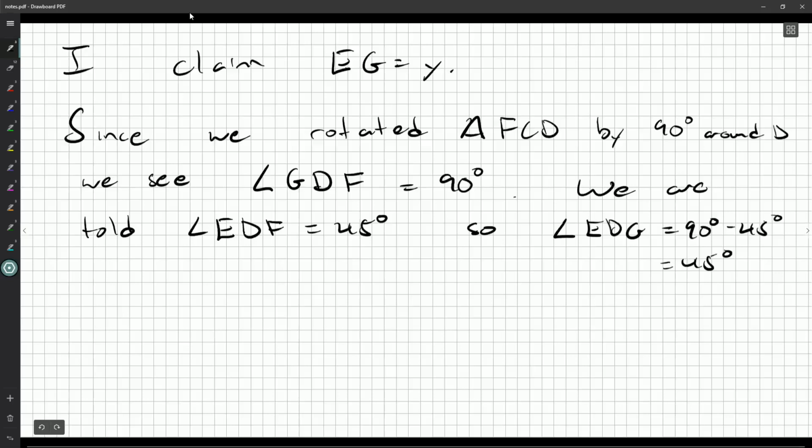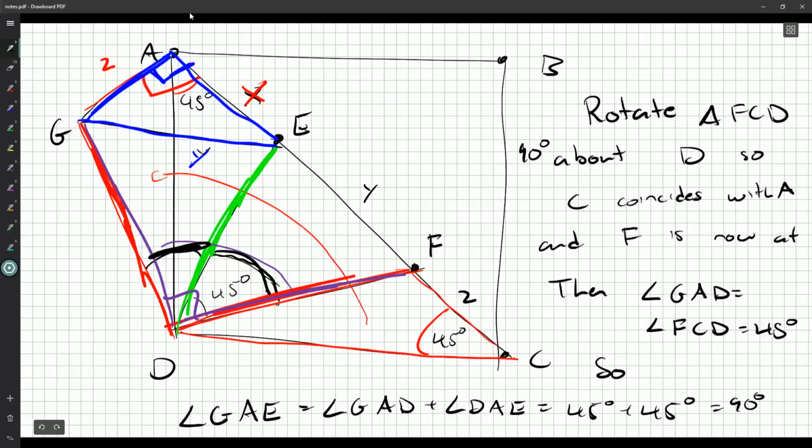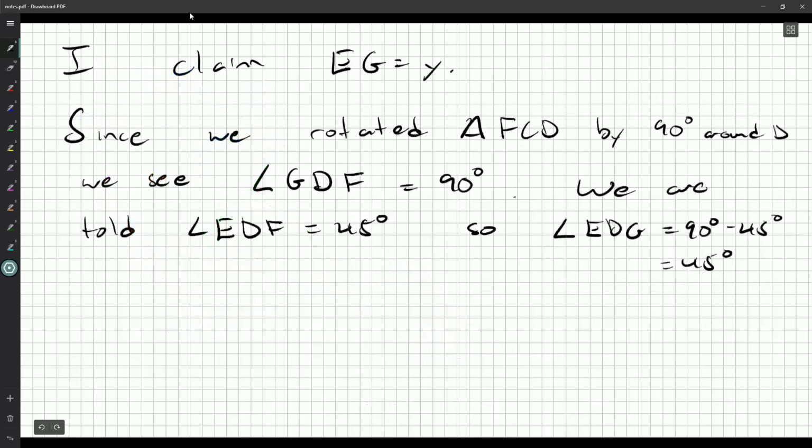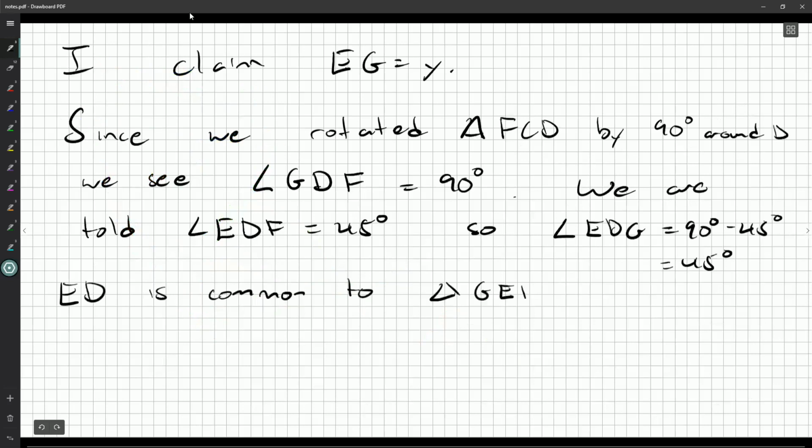So, what do we say here? ED is common to triangle GED and triangle FED.